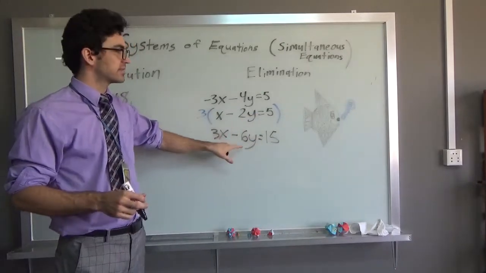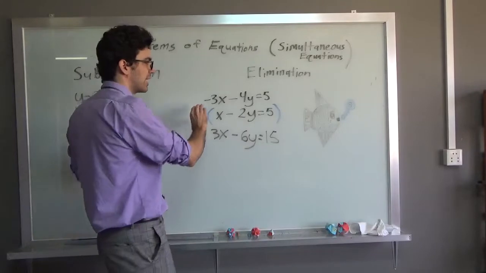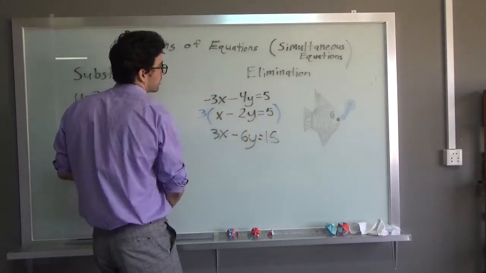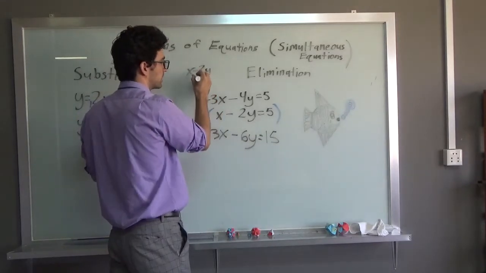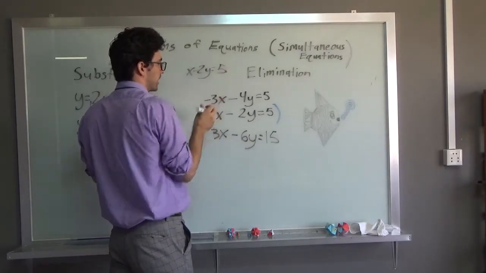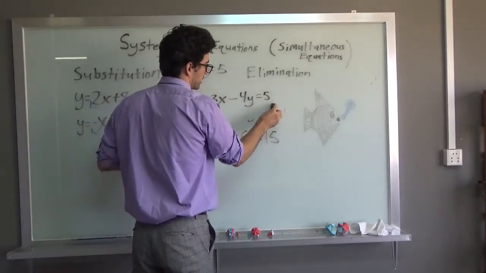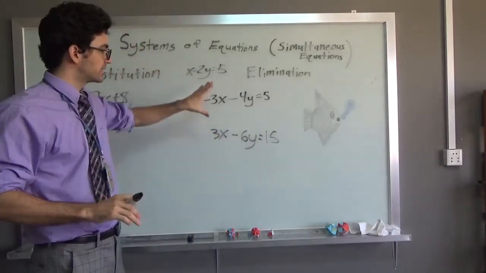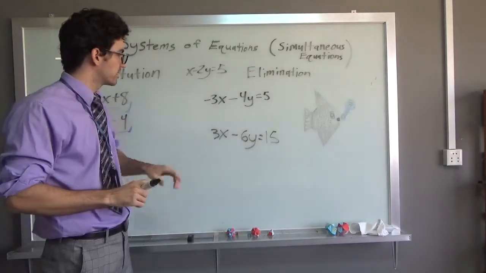The negatives stay the same, the positives stay the same. We haven't changed that. So I can stop looking at this one. In fact, I'll rewrite it up here. And then I'm going to erase it, so that it's not in the way as I decide to add my equations together.